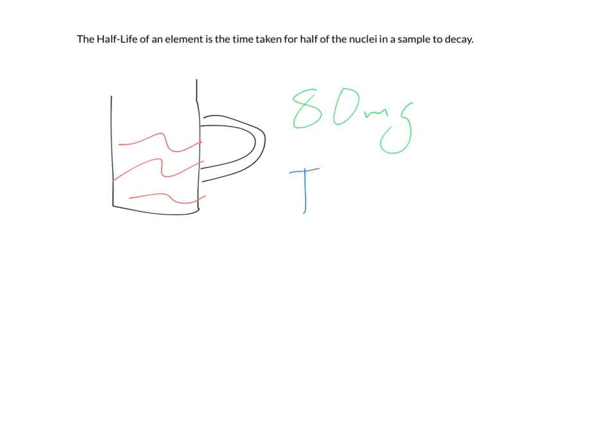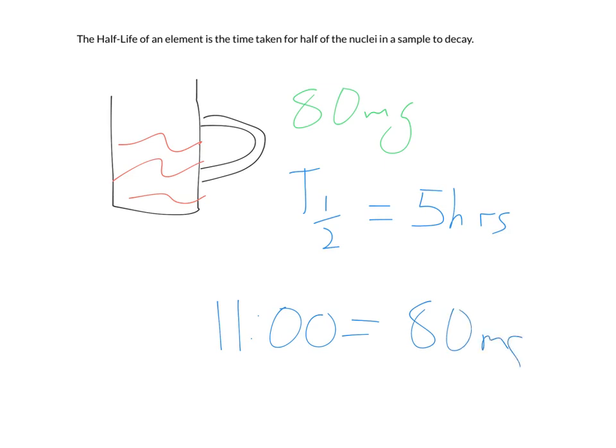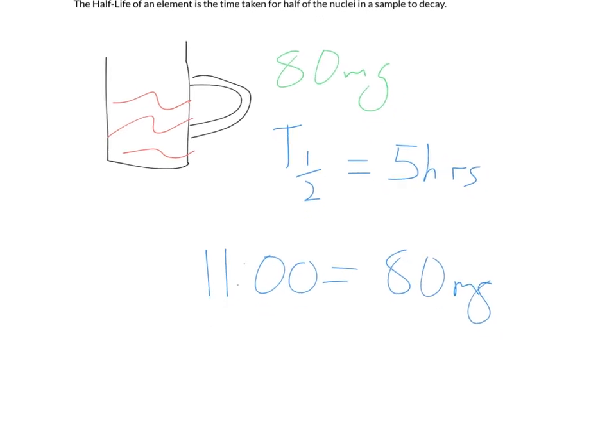So the symbol we're going to use is T 1/2. T normally stands for period of time, or a length of time that repeats itself. So the half-life is, we'll say, about 5 hours. So if you take a cup of coffee in the morning at, let's say, 11 a.m., then you're going to have 80 milligrams of caffeine in your system at 11 a.m. Now that should halve about 5 hours later.